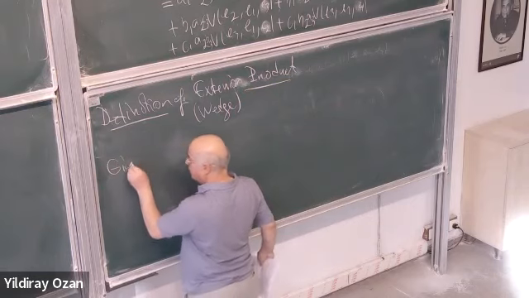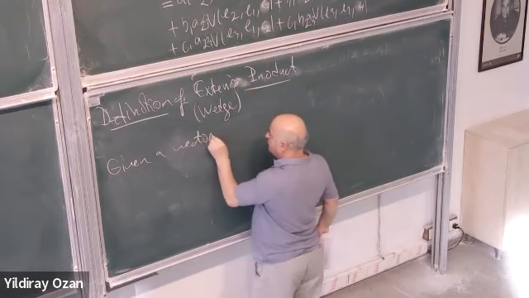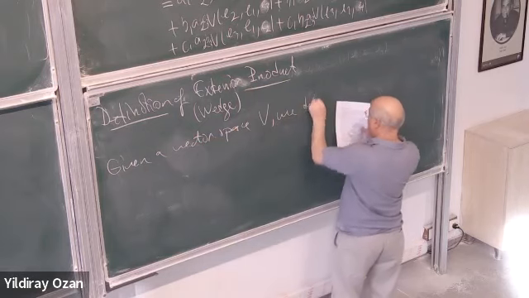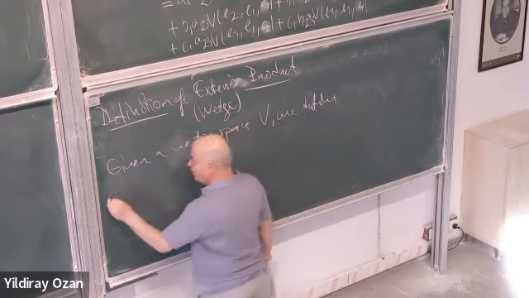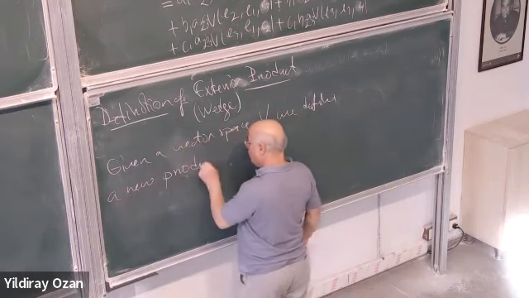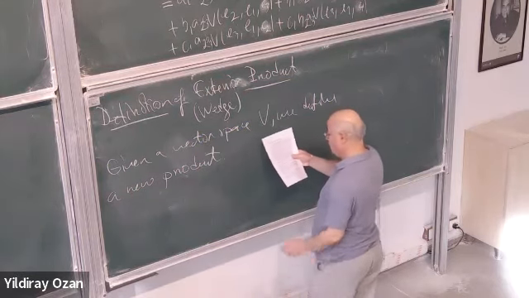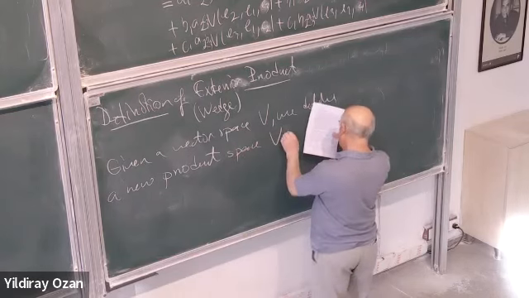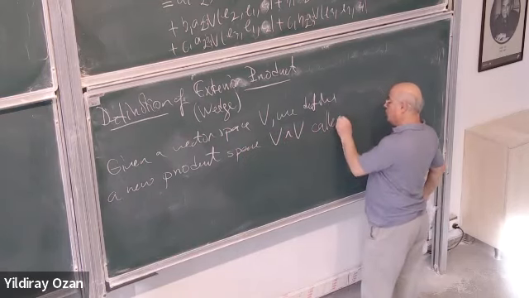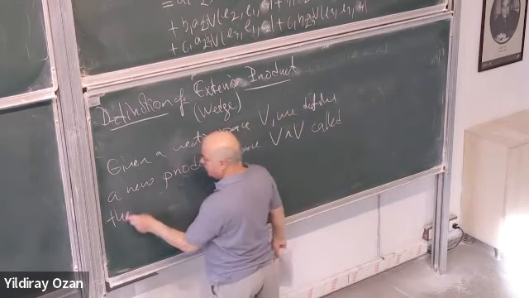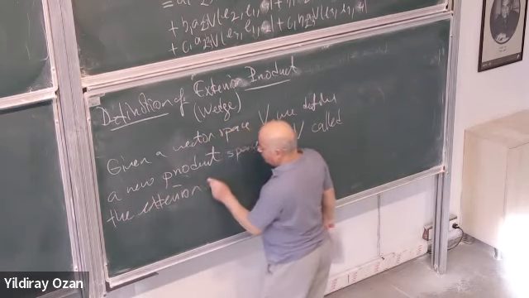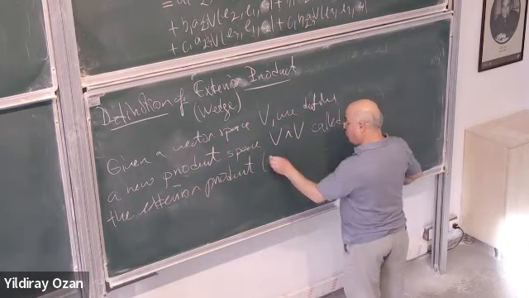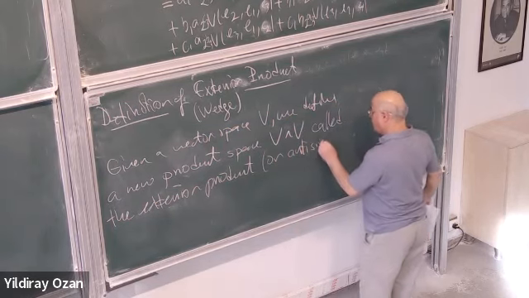Given a vector space, we define a new product space called the exterior product, or another name, anti-symmetric product.